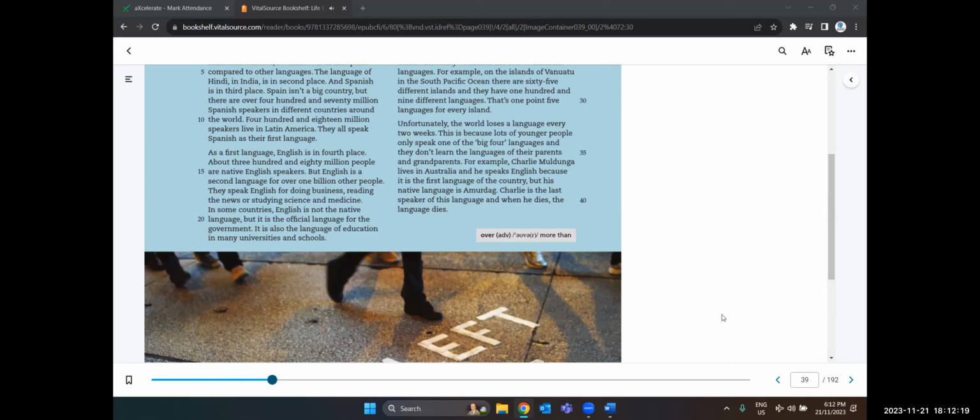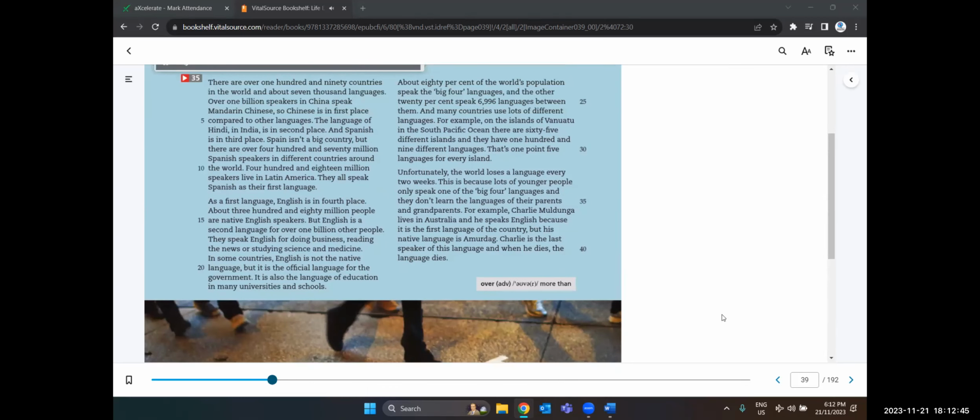It is also the language of education in many universities and schools. About 80% of the world's population speak the Big Four languages, and the other 20% speak 6,996 languages between them. And many countries use lots of different languages.